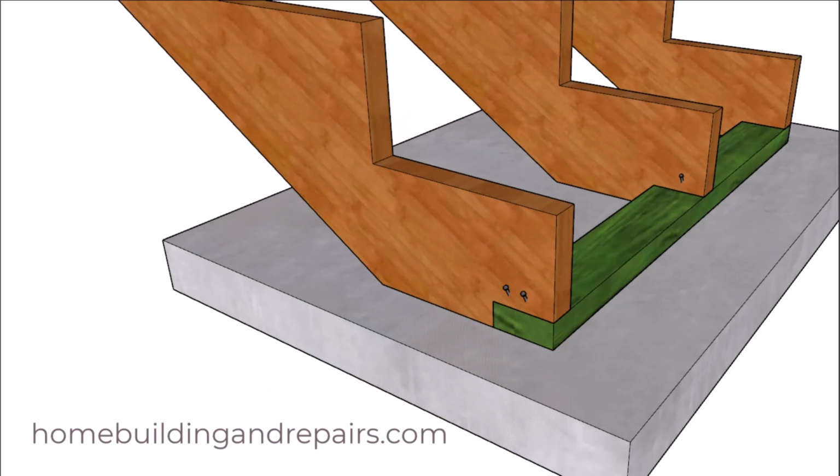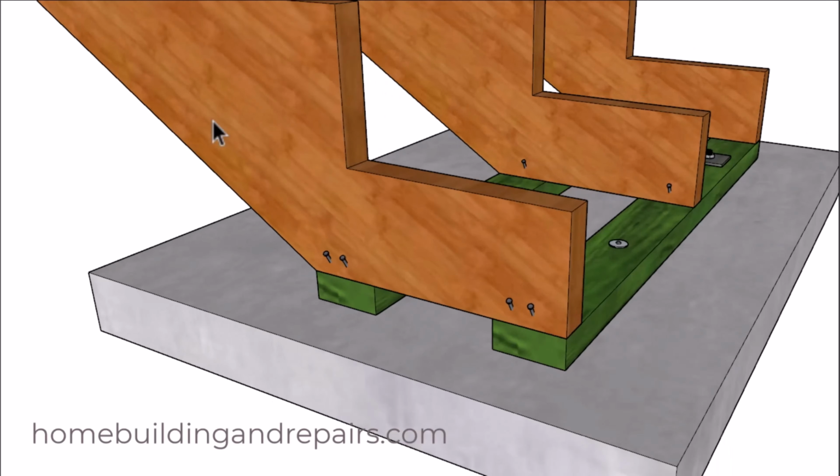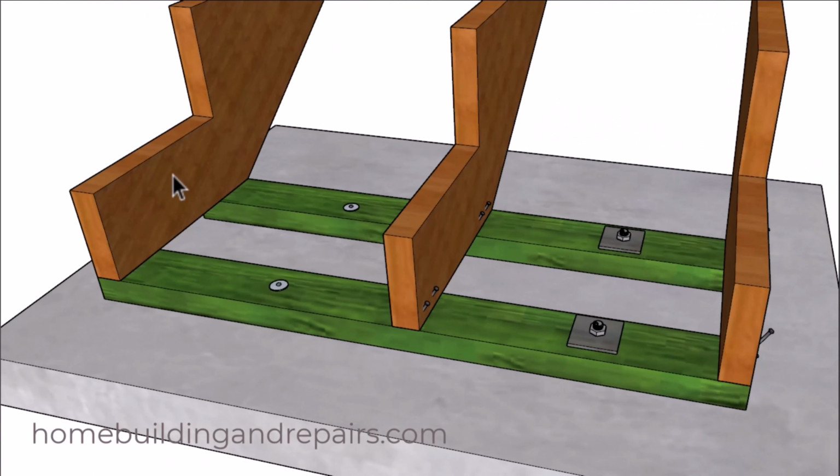Here's an argument that I put out on my stair building channel, and it's whether or not you should cut the bottom of the stairs like this and use this board to prevent the stairs from sliding down because this notch is in it, instead of doing it like this. And this method right here is the method I've used on every set of stairs that I attach to a concrete foundation.